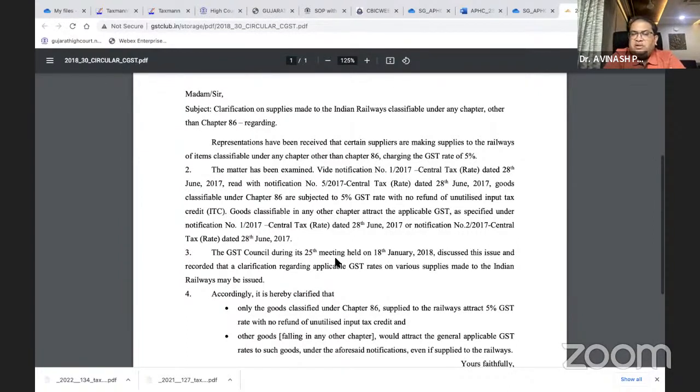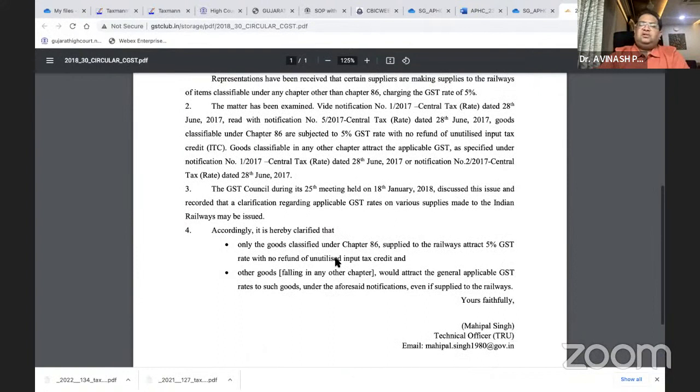Goods classifiable in any other chapter attract the applicable GST as specified under notification 1/2017 or notification 2/2017. So therefore, 5% is only in case of chapter 86 items, and for the rest of the items, it is clearly specified that the rate which is applicable to that particular item in 1/2017 or 2/2017 will be applicable.